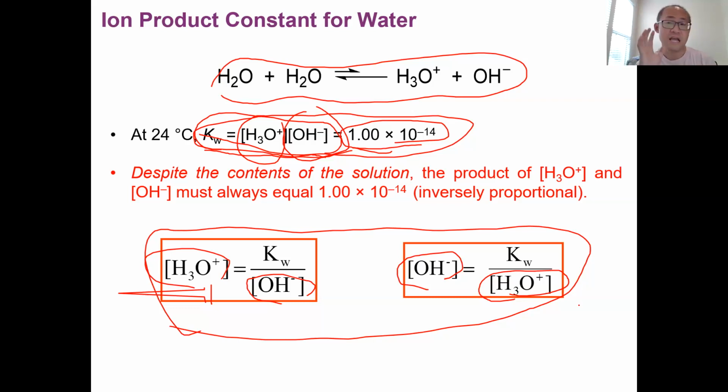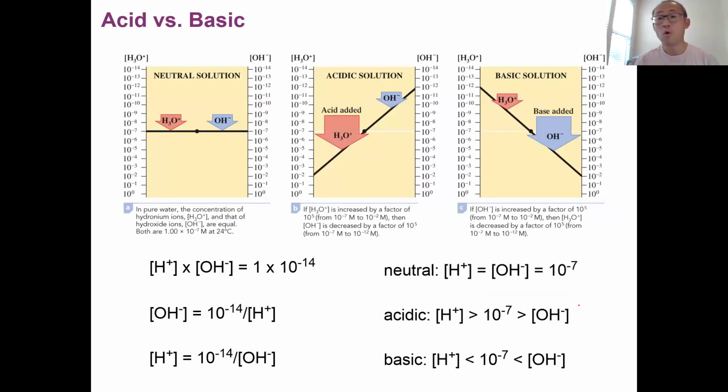So as long as you know A or B, you can use that constant to calculate the other. That's the beauty of this ion product of water, the equilibrium constant. After you know that, we can discuss the acidity or basicity of a solution, or how we determine whether a solution is acidic or basic.